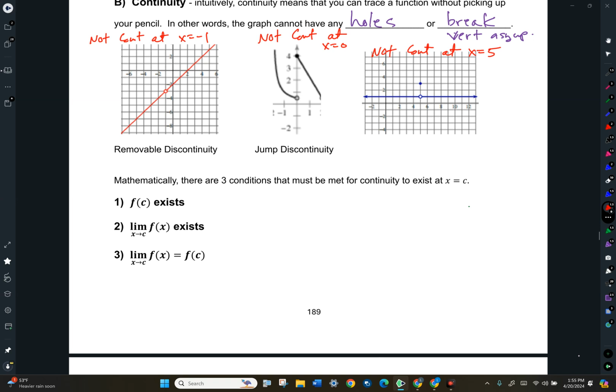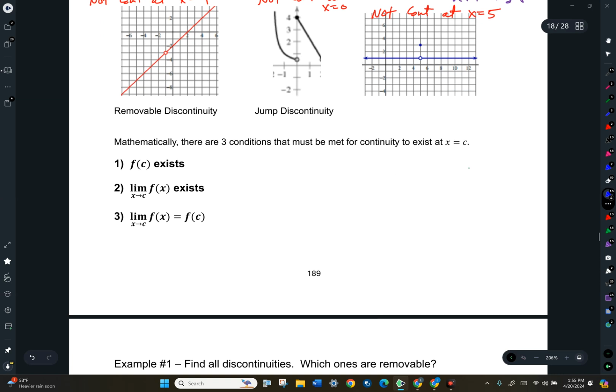Mathematically, there are 3 conditions that must be met for continuity to exist. Okay, so first of all, f of c has to exist. Remember, the notation f of c means the specific point. So in other words, the actual specific point has to exist.